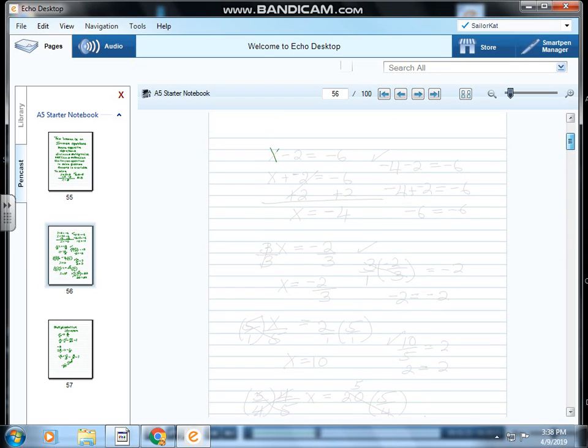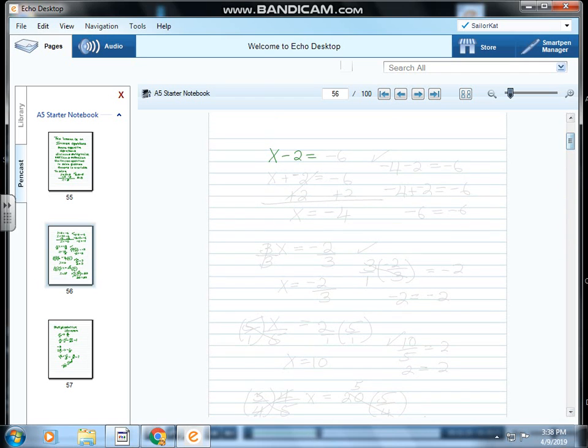Now if you have x minus 2 equals negative 6, you could do keep, change, and you'd have a negative 2, and the opposite of a negative 2 is a positive 2.